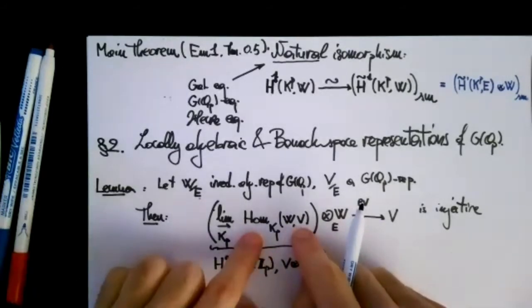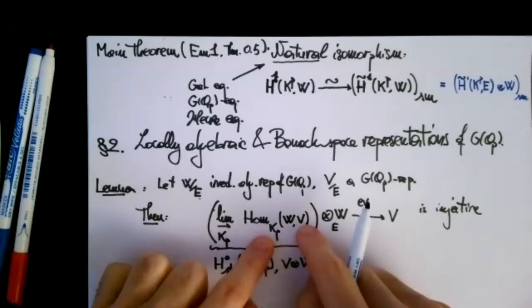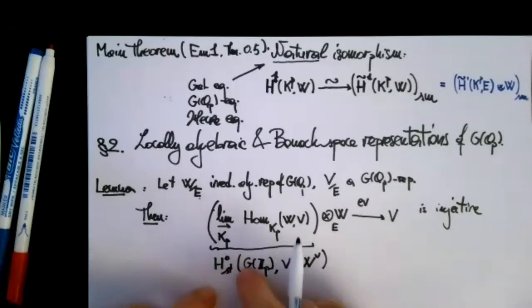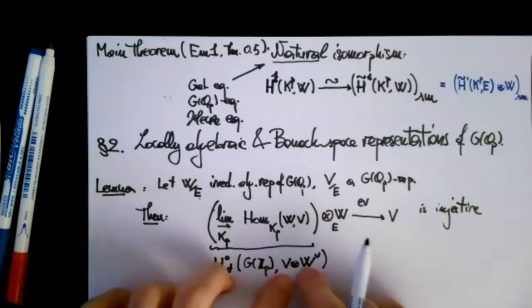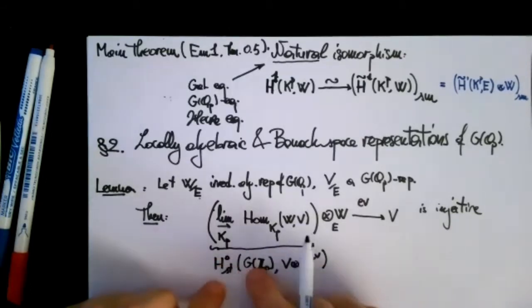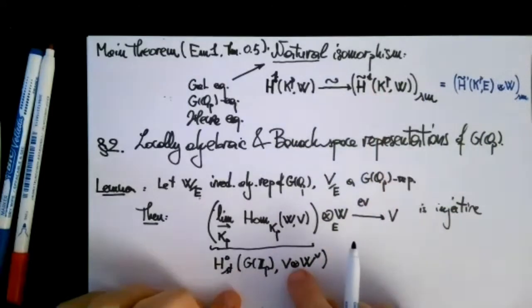This home space is in fact the space of K_p invariants of V tensor W dual. We will see later that these are the smooth vectors of V tensor W dual. We will see very soon that this functor can be derived, and it will be crucial to understand the behavior of smooth vectors in the completed cohomology.